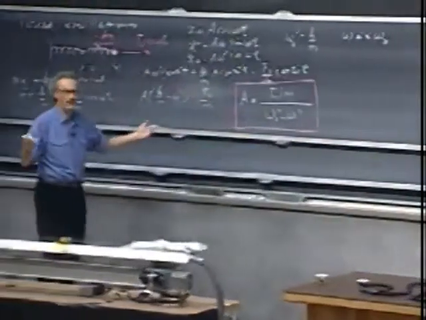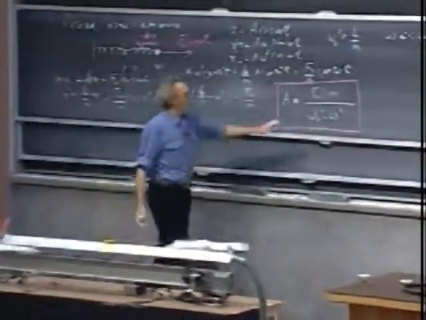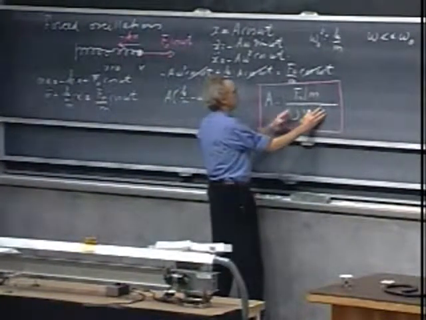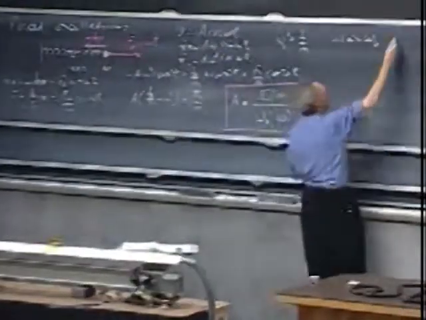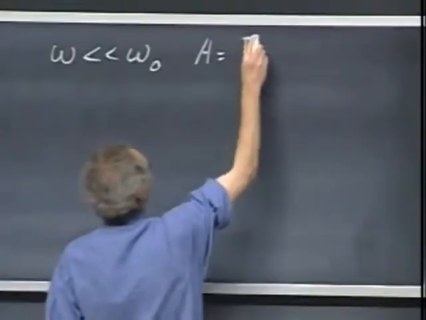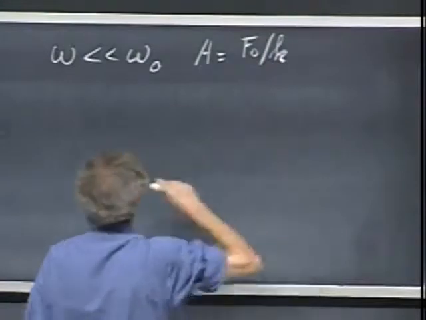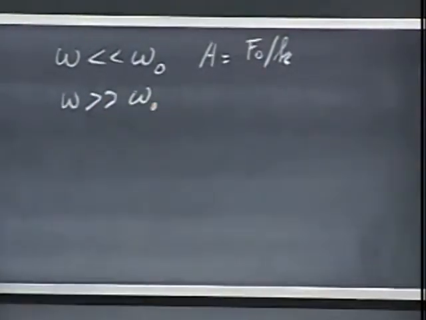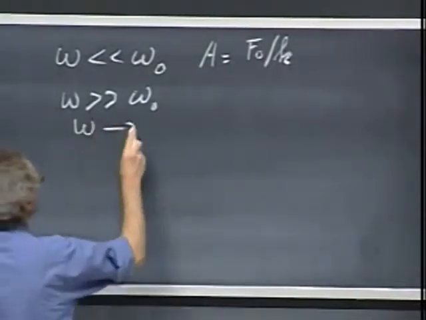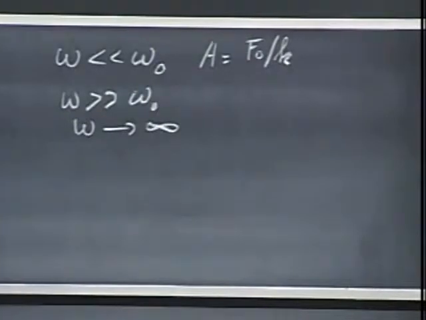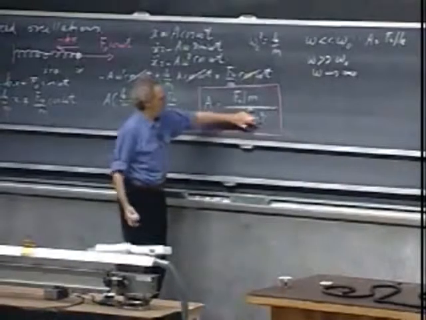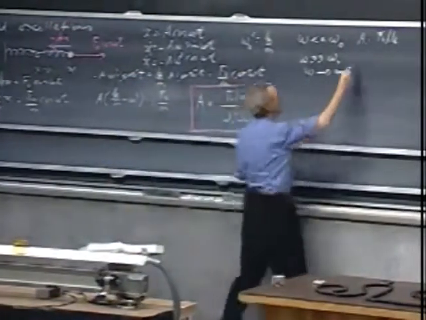It is the one that it likes. If you have omega much, much less than omega 0, omega 0 squared is k over m, so you get an amplitude A which is F0 divided by k. If you go omega way above the natural frequency, or let's say omega goes to infinity, becomes very, very large, then downstairs becomes very, very large, so A goes to 0.